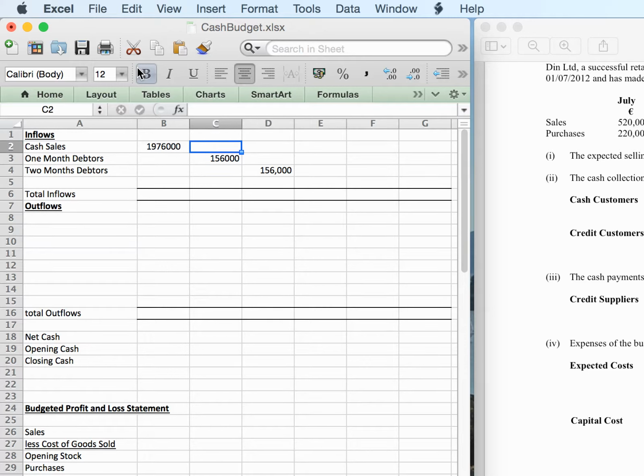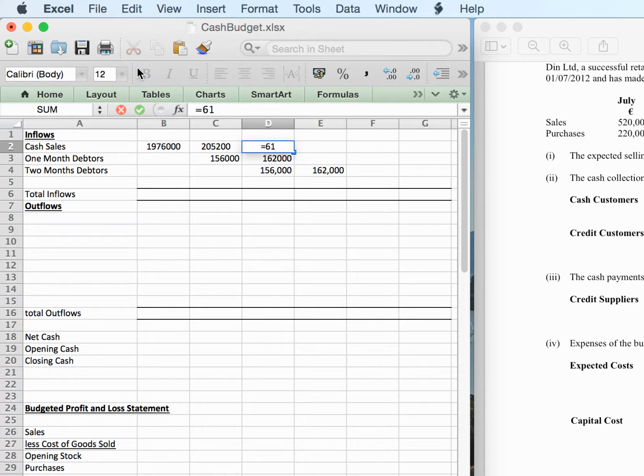I'll do the same for the following one. So 38% of 540, and then 540 times 30%, and then the same figure 1 month later.